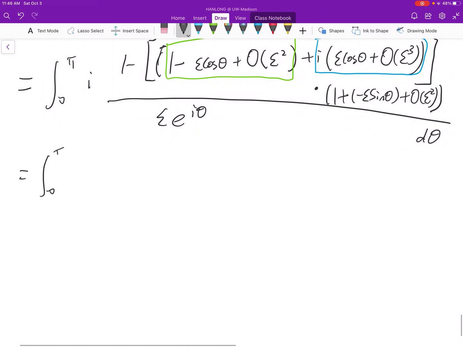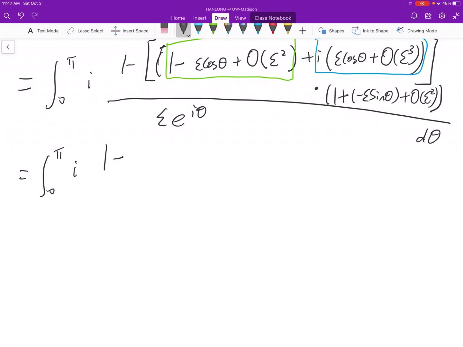Okay, then let's calculate. We throw away all the epsilon squared terms into the big O. In other words, we only care about the constant term and the first order term.